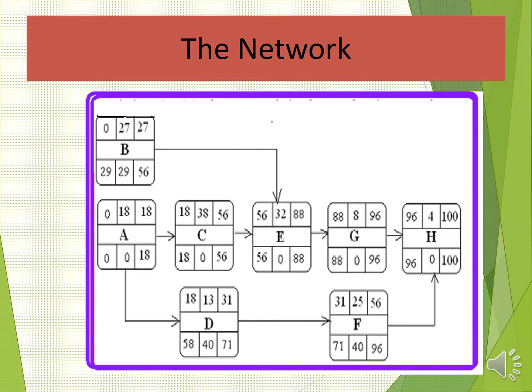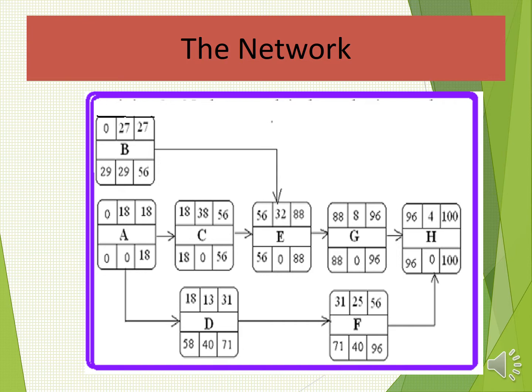There you are with your network. I think you are familiar with this one. It runs through from A and B, which are not preceded, up to H. I think by now you know why activity E starts from 56 and not from 27.